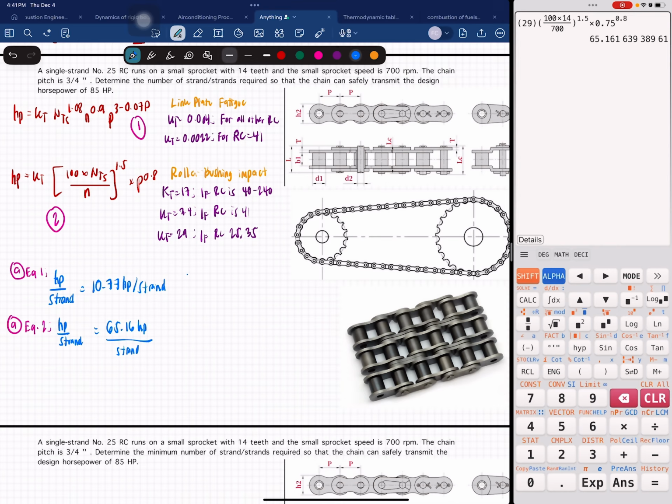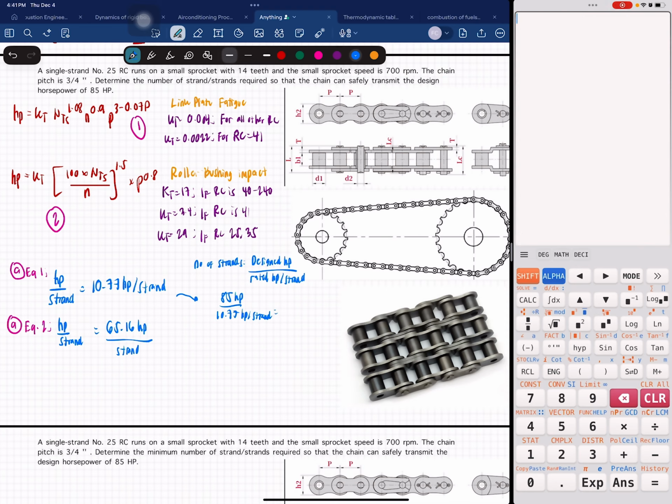So you want the number of strands. It's simply the design HP over the rated HP per strand of the roller chains. So it is simply 85 HP over 10.77 HP per strand.